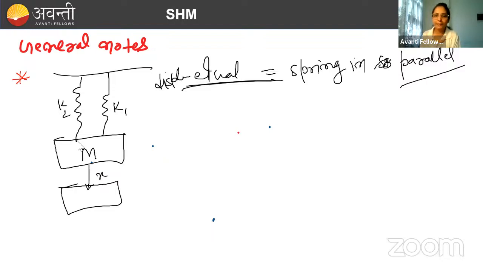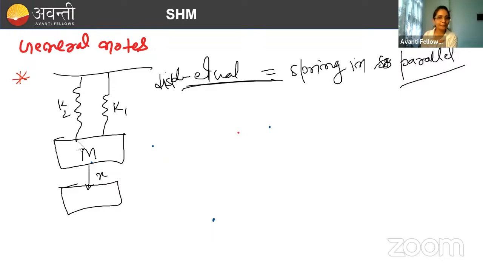And you all know that if we have springs in parallel, how do we add them? जल्दी से बताओ. If springs are in parallel, how will we add them? Yes, like resistors in series.